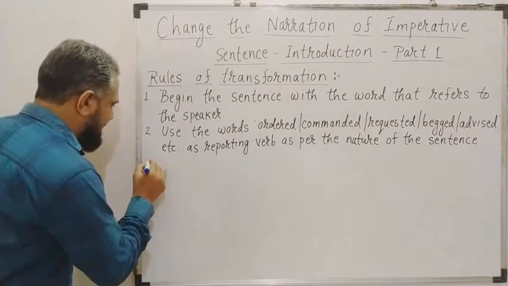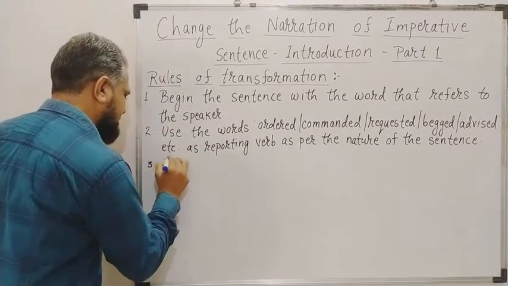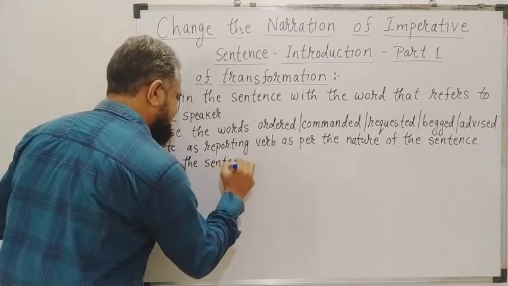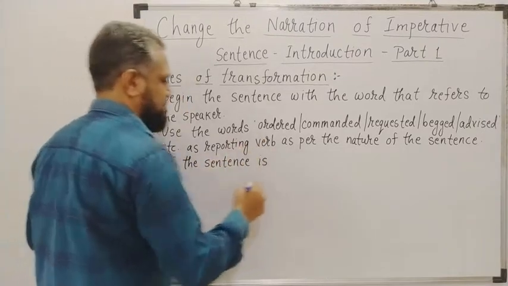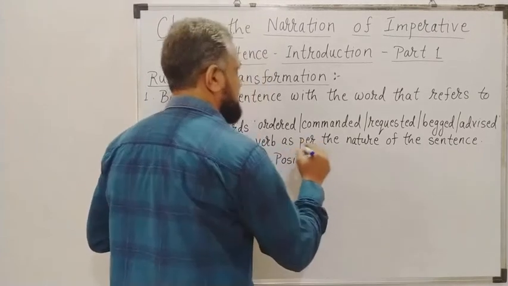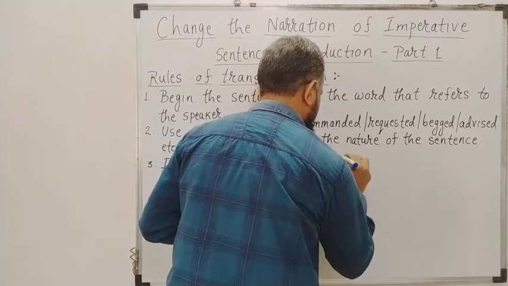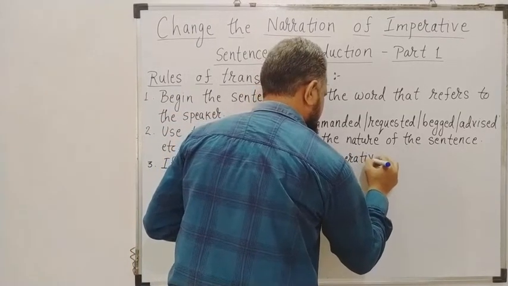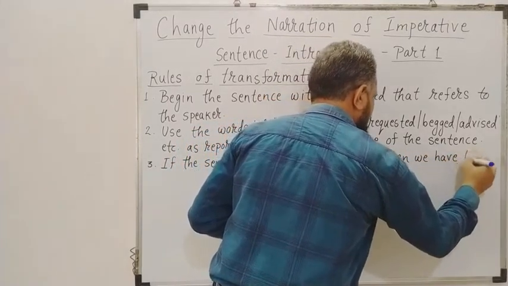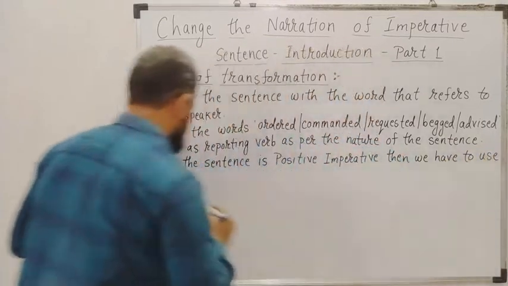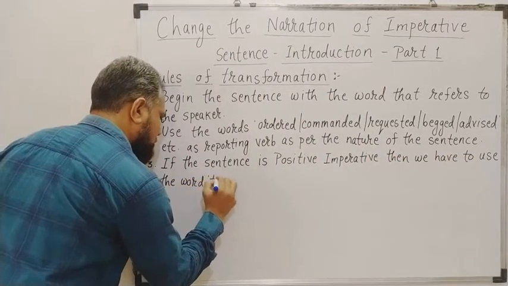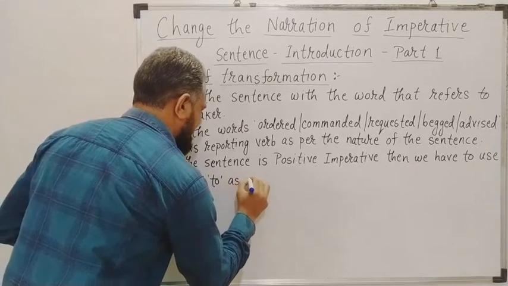Now the third rule says that if the sentence is positive imperative, then we have to use the word to as conjunction.